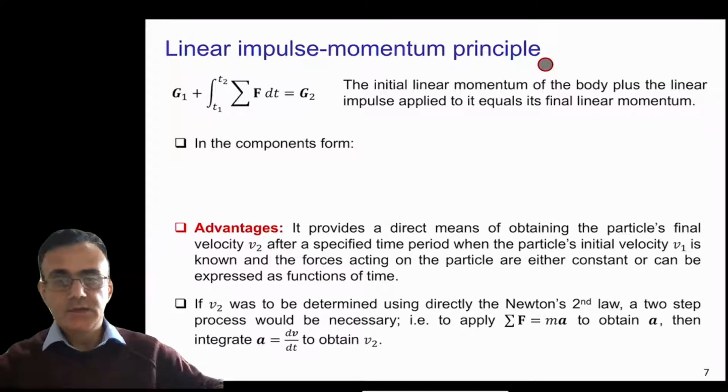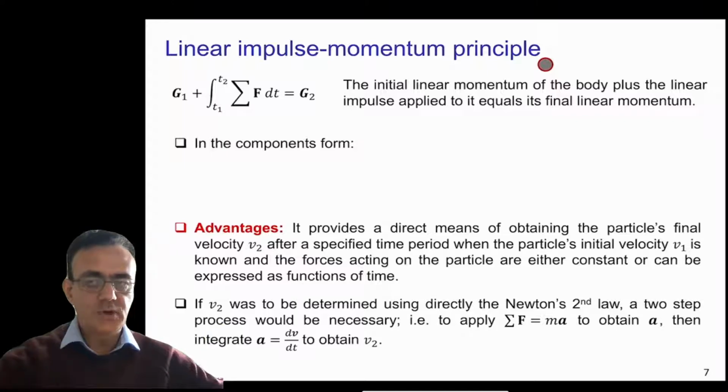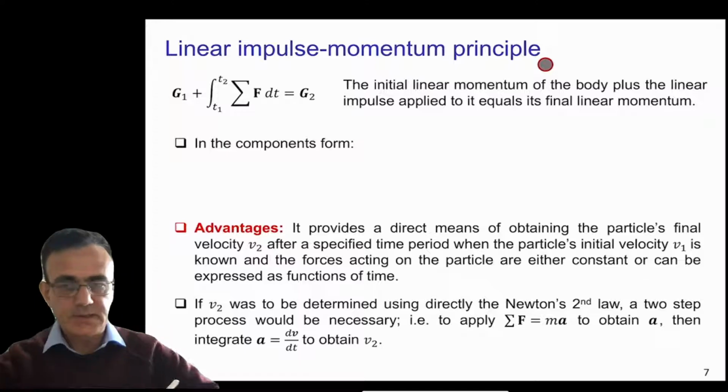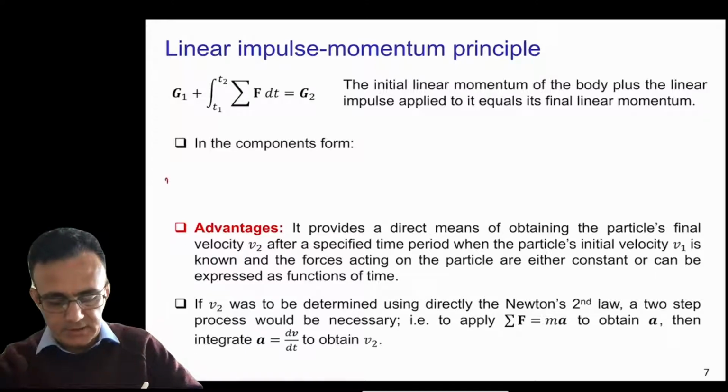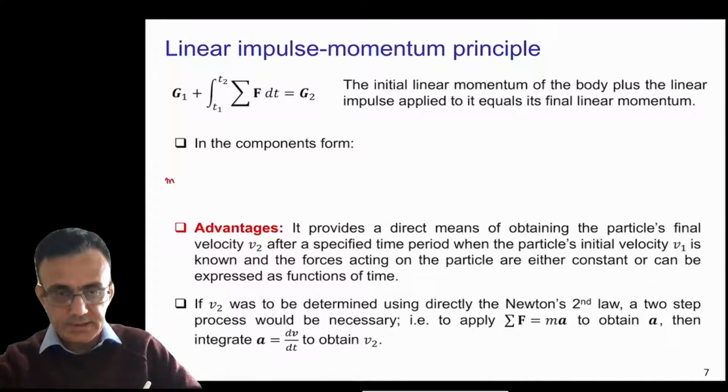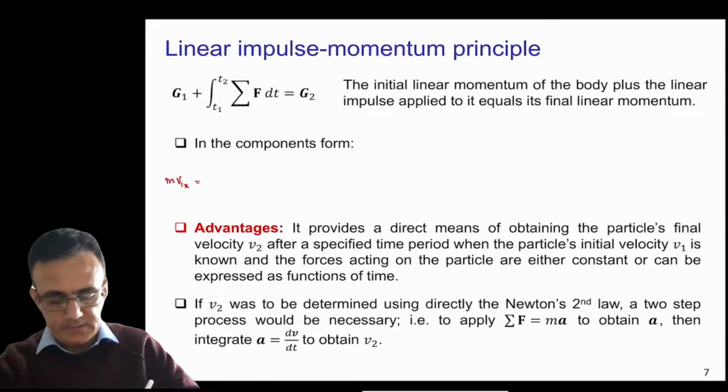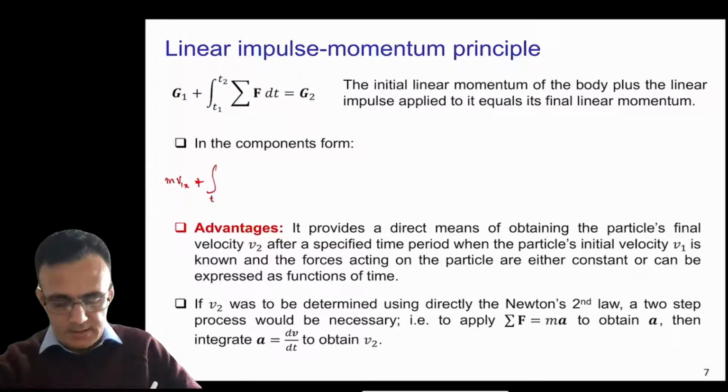So for example, if you are interested to split this equation into x, y, and z components, to make it easier for the calculation, what you will get is m v1x. So we will just change this to the component form, and then you will have the integral from t1 to t2 of the summation of all the forces in x direction into dt, equal to mv2x.